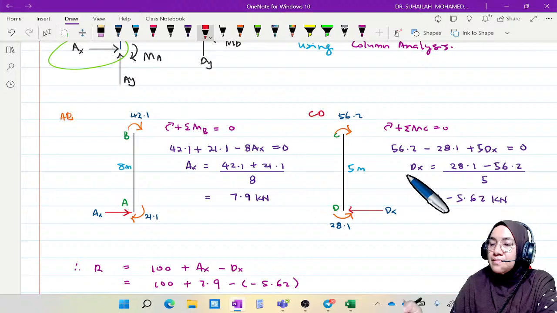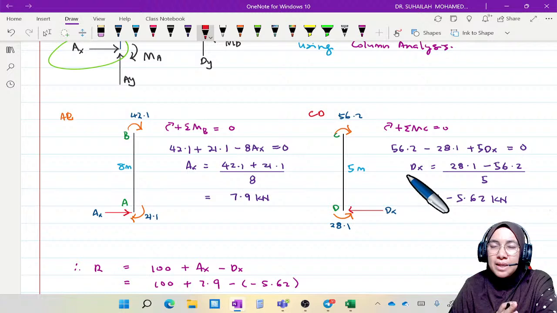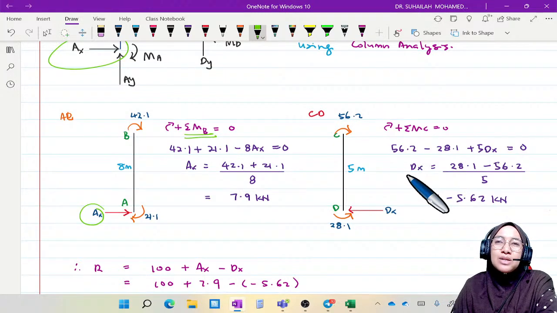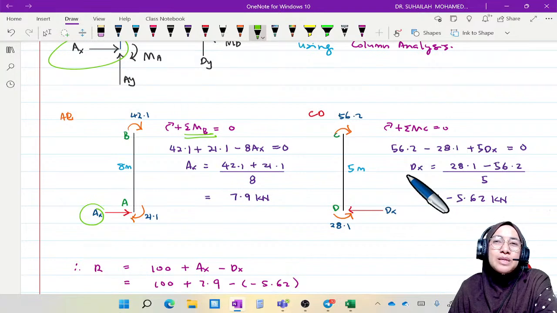In the free body diagram for element AB, we just analyze this using static equilibrium. Using that we can get the Ax value by taking moment at B. This is just a simple calculation, like what we analyze for a simply supported beam.